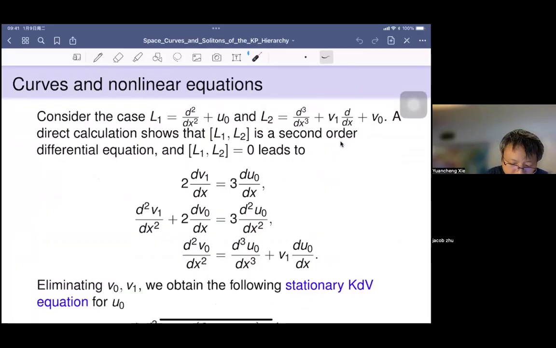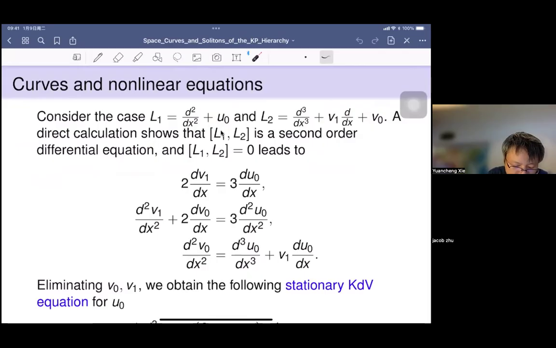And we obtain a second order differential operator, and we set this to be zero, and that will give us three equations. In these two differential operators, we have three unknown functions, and now we have three equations, okay?